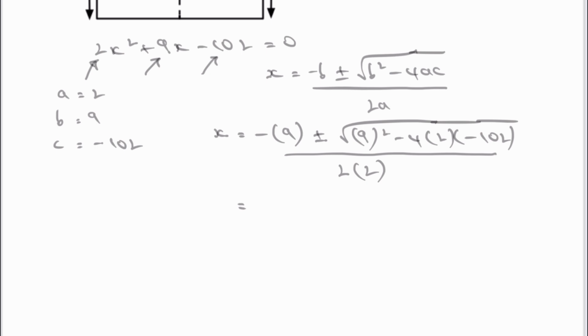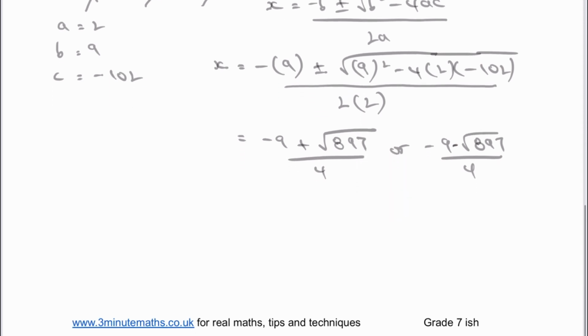I'm going to get negative 9 plus, and then this area under the square root sign, which is actually called the discriminant, is going to be the root of 897, all divided by 4, or I've got negative 9 minus, take away the root of 897, again all divided by 4, and when I put that into my calculator I'm going to get 2 values.